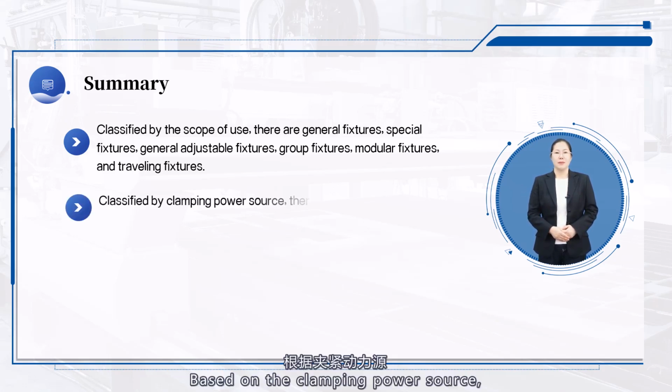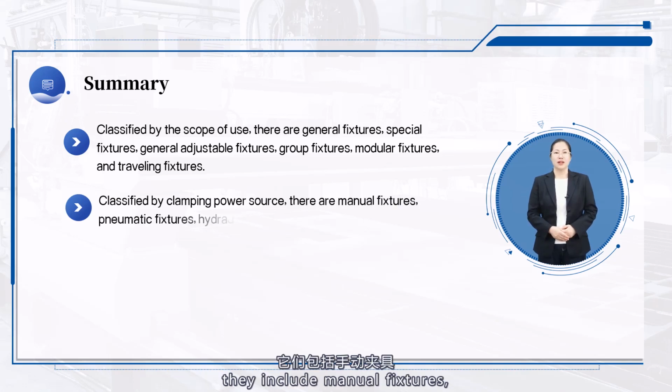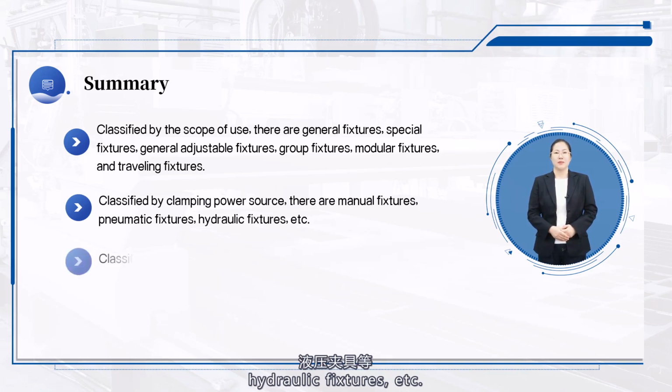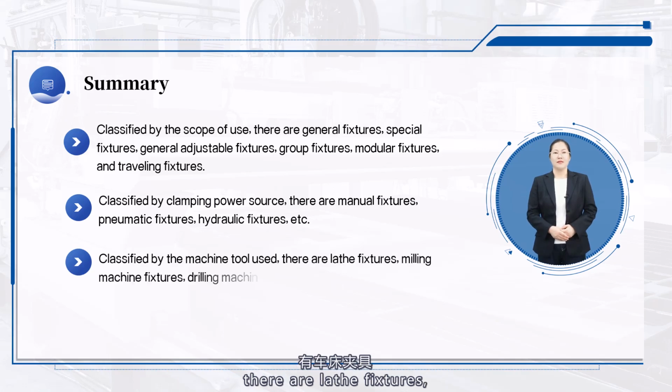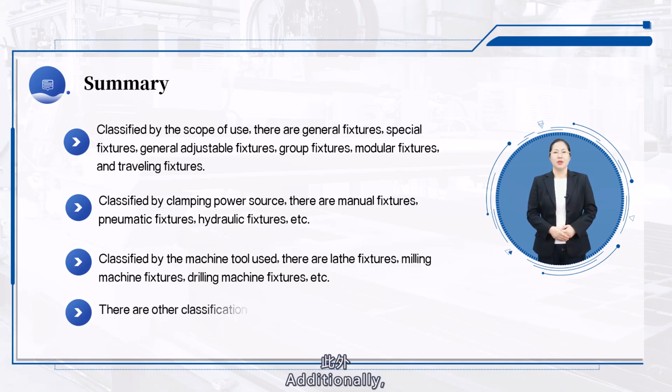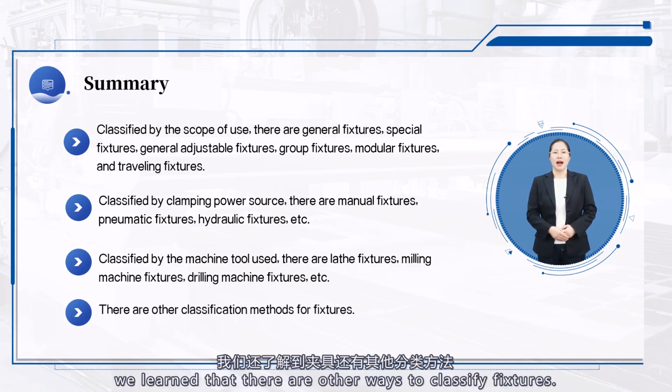Based on the clamping power source, they include manual fixtures, pneumatic fixtures, hydraulic fixtures, etc. Based on the type of machine tool used, there are lathe fixtures, milling machine fixtures, drilling machine fixtures, and so on. Additionally, we learned that there are other ways to classify fixtures.